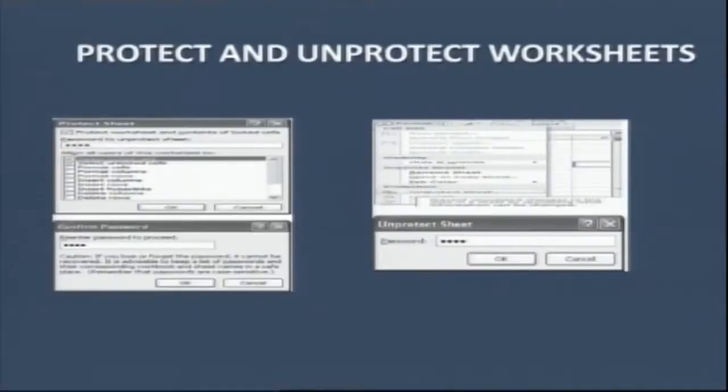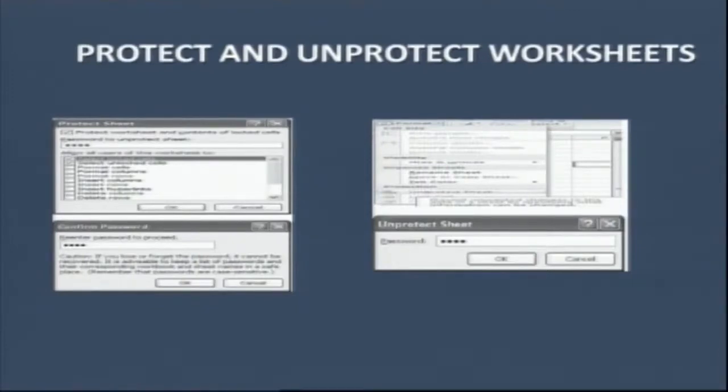As we discussed, when we are working on confidential documents or confidential worksheets, we may have to protect our worksheets. So we should know how to protect our worksheets and how we can unprotect them. For protecting the worksheet, we select the particular sheet and choose the option Protect Worksheet.